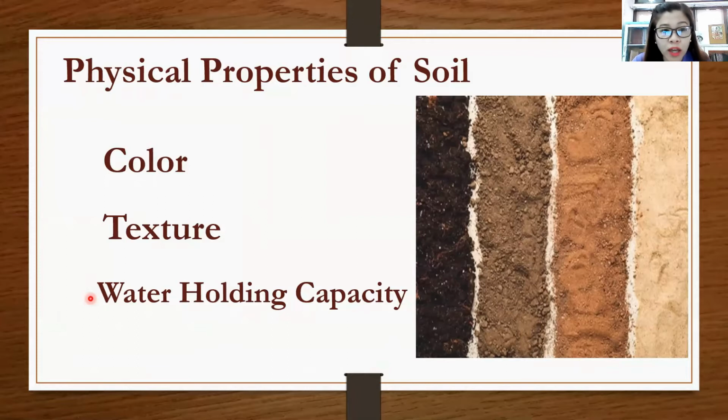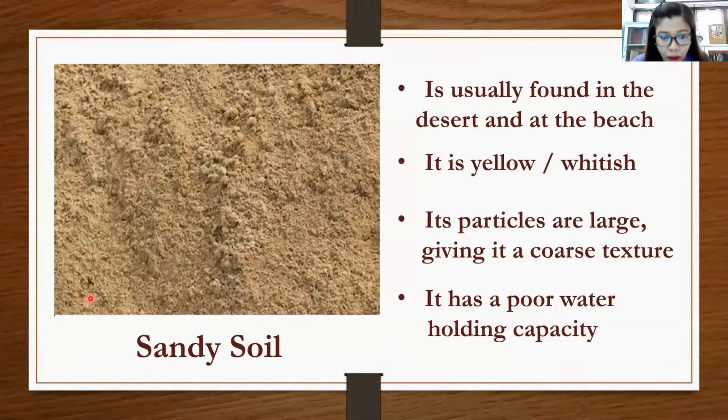Now let's start with sandy soil. So sandy soil is usually found in the desert and also at the beach. So sandy soil is usually yellow or whitish. So its particles are large, so giving it a coarse texture.